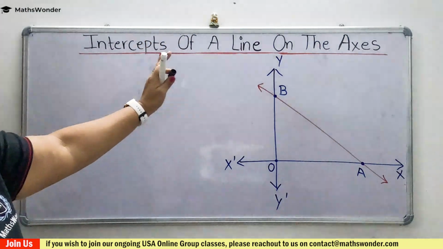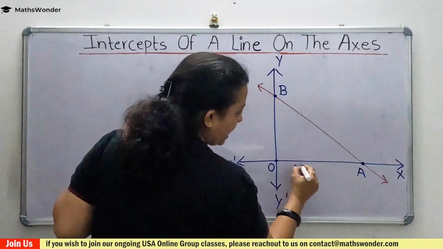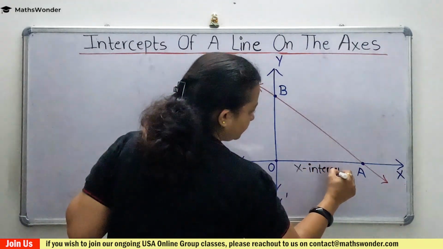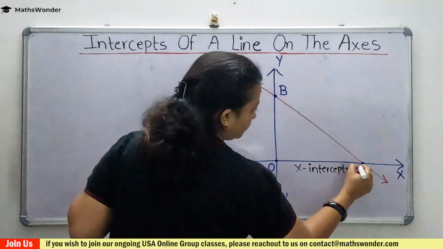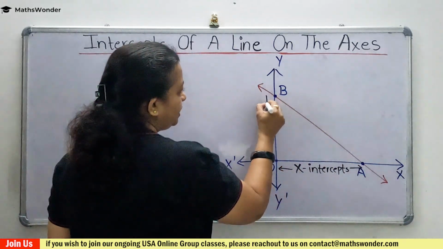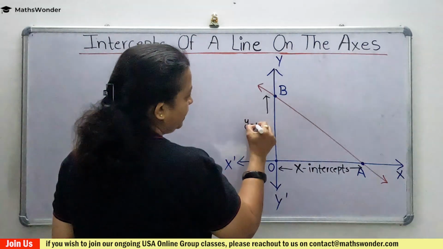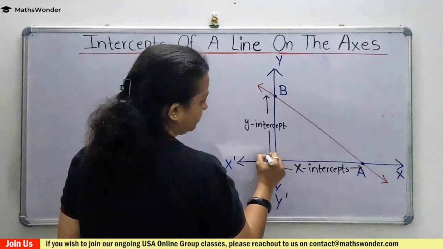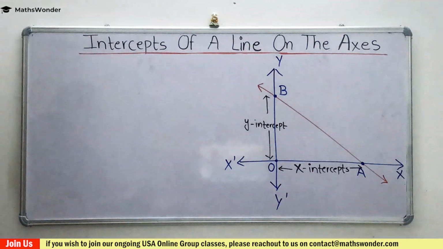So you can write it, this part is the x-intercept, and this part is the y-intercept.